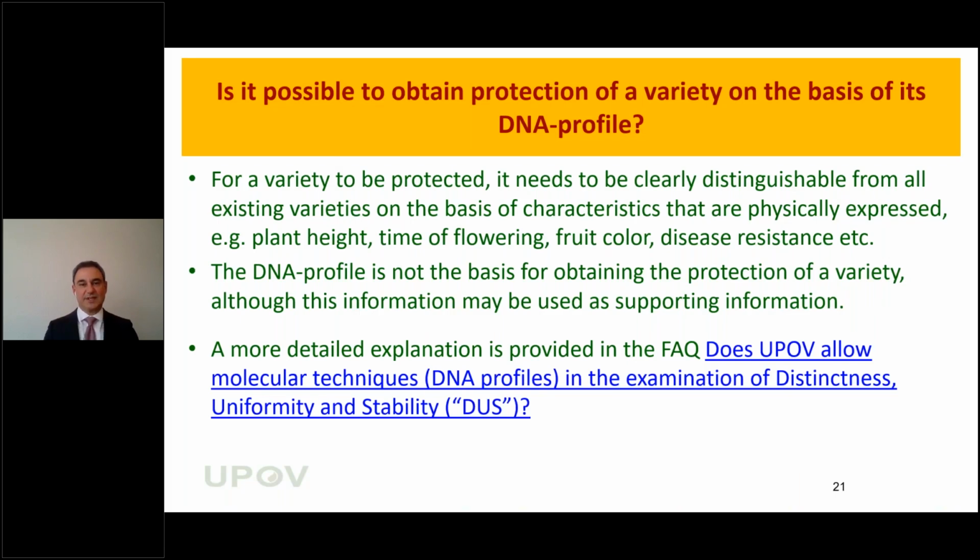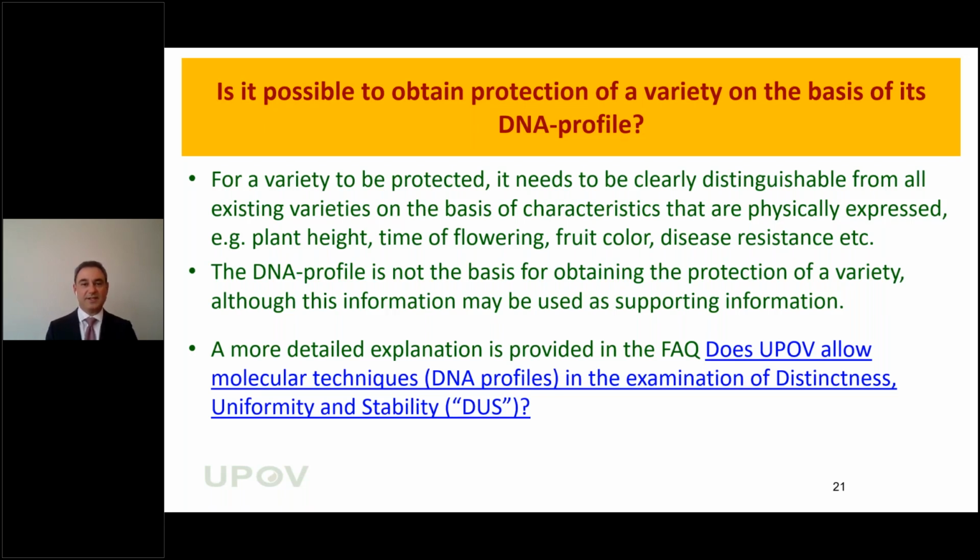To summarize this presentation and bring it to a close, I would like to use the frequently asked questions which are available on the UPOV website to summarize the situation in UPOV in relation to the use of molecular markers for DUS examination. We are often questioned whether it is possible to obtain protection of a variety on the basis of its DNA profile.